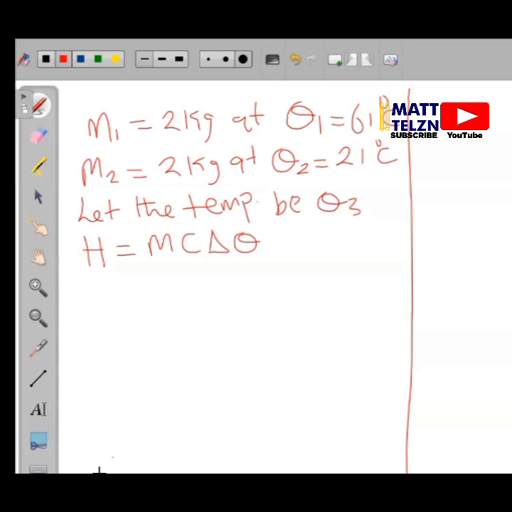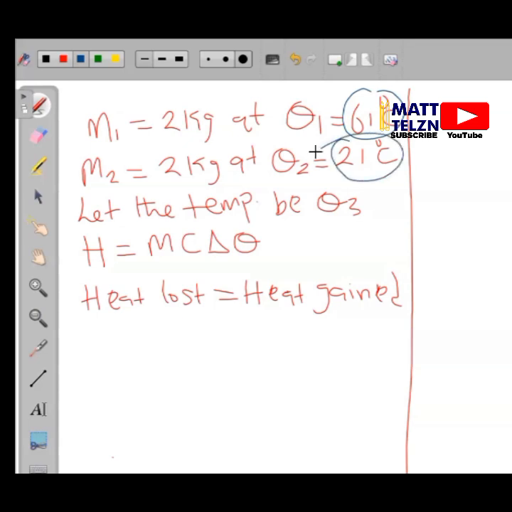Now, what we are going to have is our heat loss by the liquid at higher temperature, which is this one, equal to heat gain by the liquid at lower temperature, and the liquid at lower temperature is at 21 degree Celsius, right?